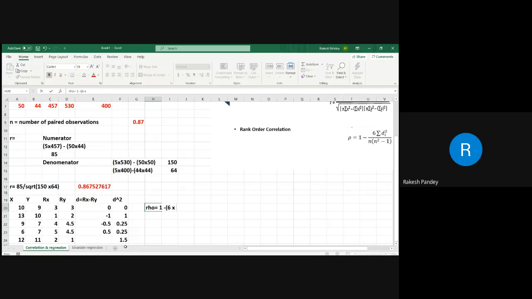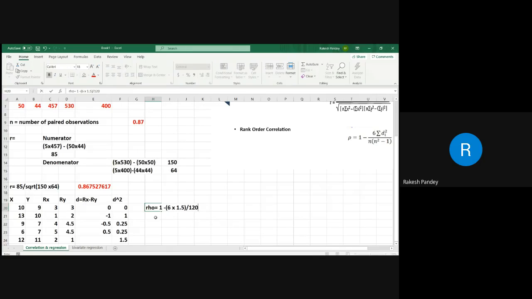This is the value of sigma D square, 1.5, divided by n into n square minus 1, and n is number of paired observations. So 5 into 5 square is 25. 25 minus 1 is 24. 24 into 5. Can any one of you calculate? 120. Very good. 120.